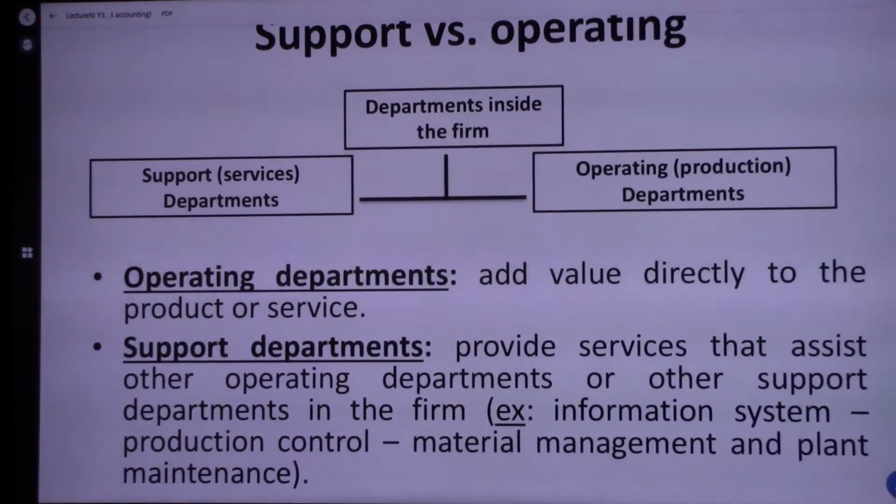main reason of existence is to support operating department in performing its main function. Supporting departments like plant maintenance department, information system department, data entry department, material management, production control.